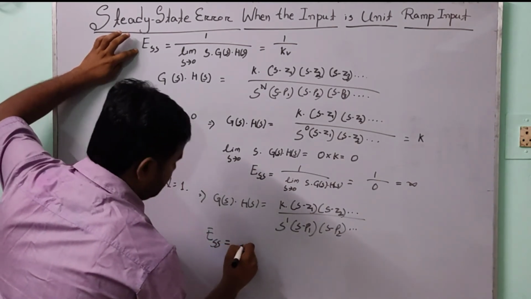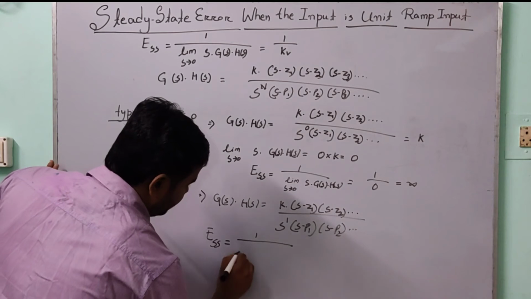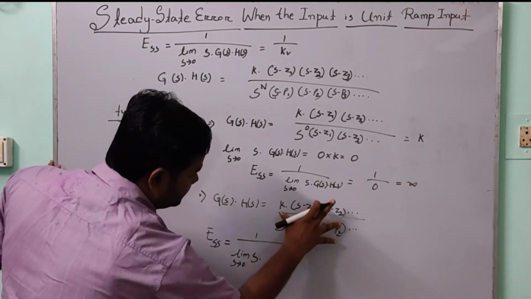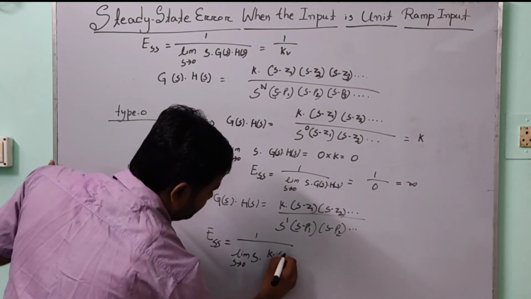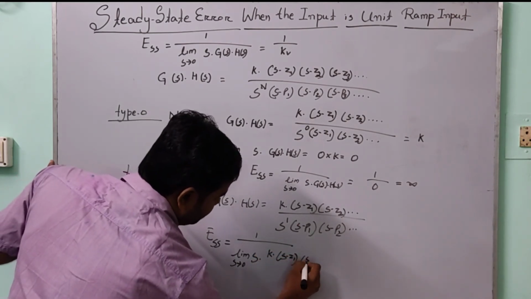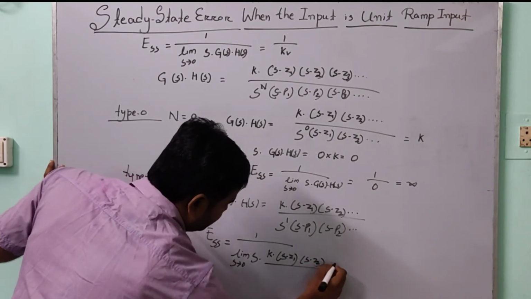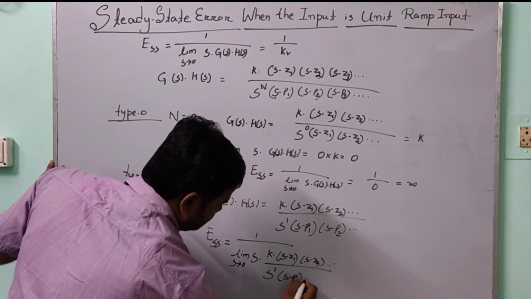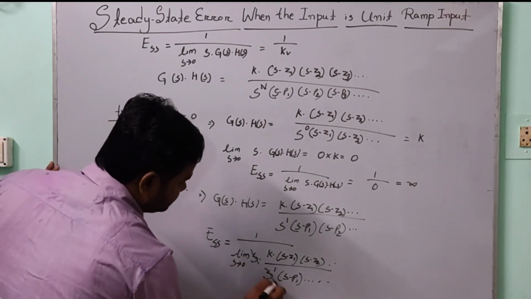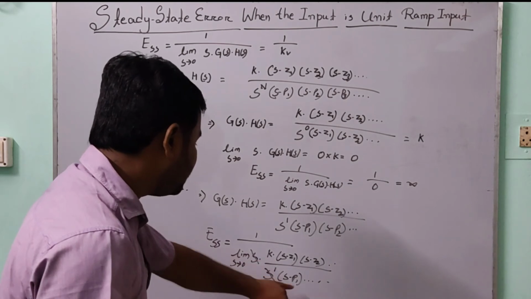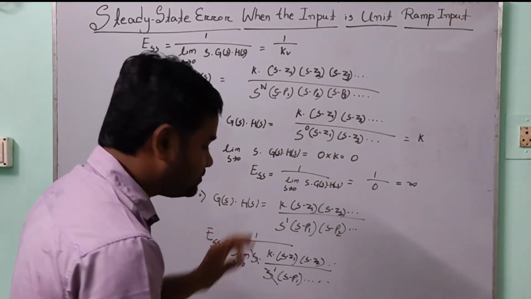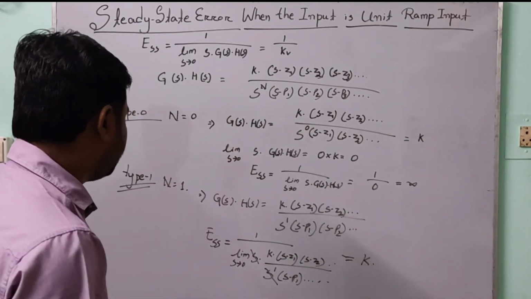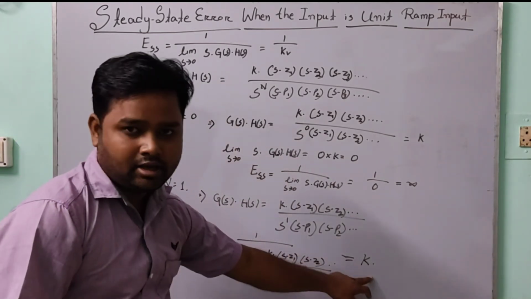ESS is equal to 1 divided by limit s tends to 0, s into this value. S and s will be cancelled out. So this part is a constant, and one by constant is equal to another constant. So for a type 1 system, the error in the steady state is constant.